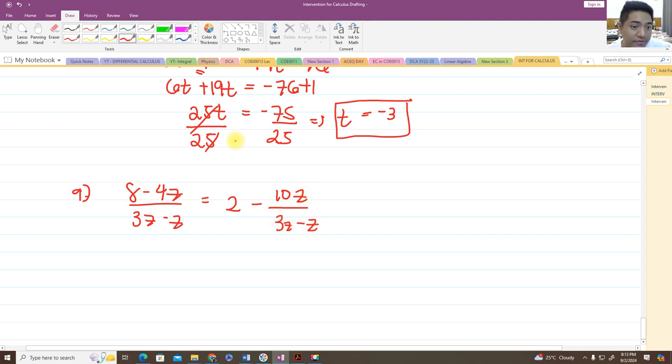Okay, so the LCD here is very obvious. You have the same 3z minus z. And of course, before that, I'm going to factor first the denominator. I can factor z. So you have 3 minus z.